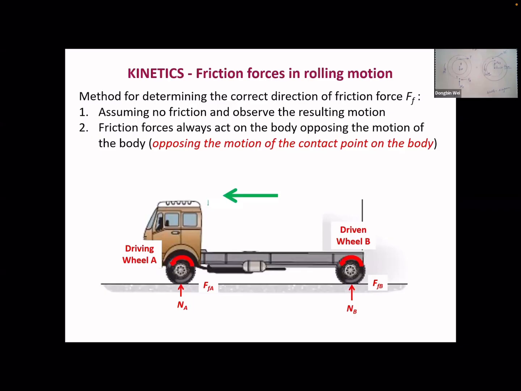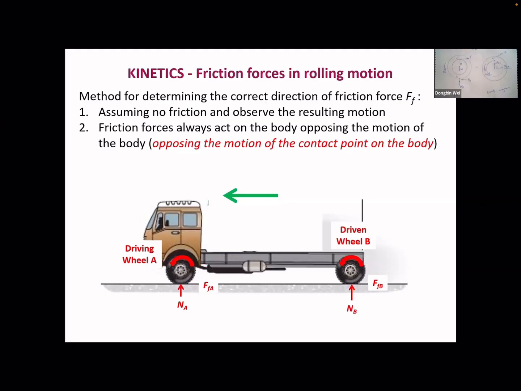This driving wheel will be rotating, okay? But because no friction, this driving wheel will not be able to move forward. The vehicle will be keeping in its original position. This wheel will be at its original position, but only rotating about its fixed axis.